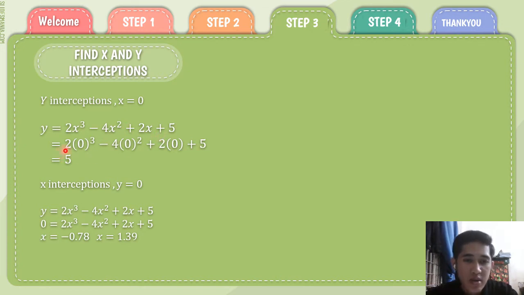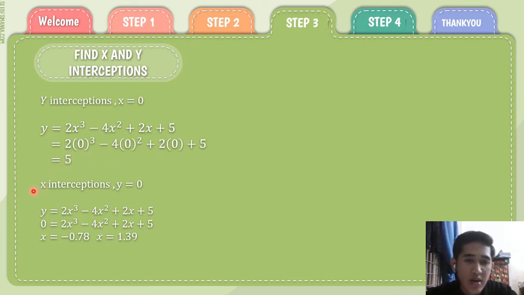When we substitute, it will be 2(0) cubed minus 4(0) squared plus 2(0) plus 5. After the calculation, we get 5.